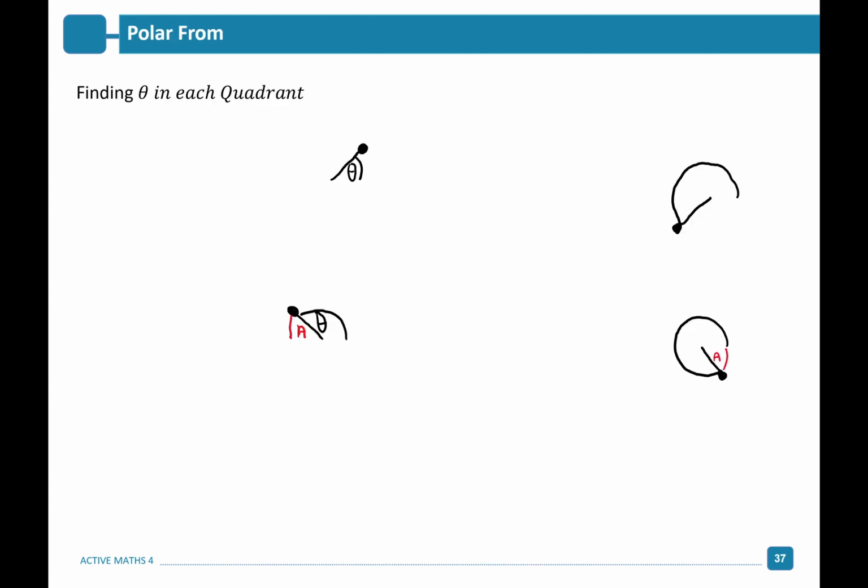Okay, let's remind ourselves how we can find theta in each quadrant. To find theta in your first quadrant, i.e. the angle from the positive x-axis, we find our reference angle, tan of a equals b over a, and we can see that theta and a are the same value.